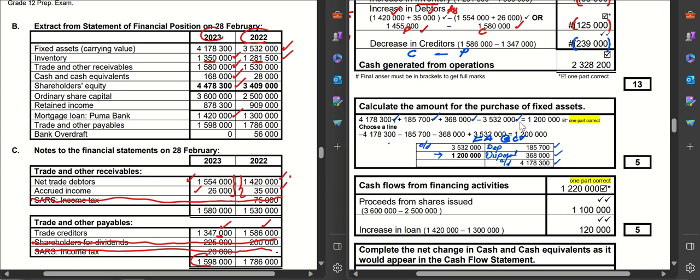Then you subtract the amount that you were having at the beginning, that is your 3,532,000. Then you get your 1,200,000. So the other one, as I said, is to open an extract of note number 3, where you start with the carrying value at the beginning, and then that space in between is what you can then do.